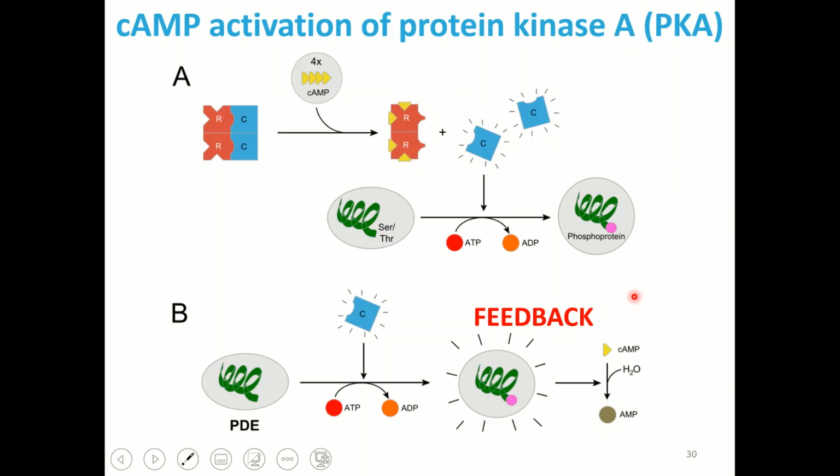So this is a great example of feedback. The feedback inhibition will actually turn off this response in the beta-adrenergic receptor pathway, and really any pathway that involves cyclic AMP.